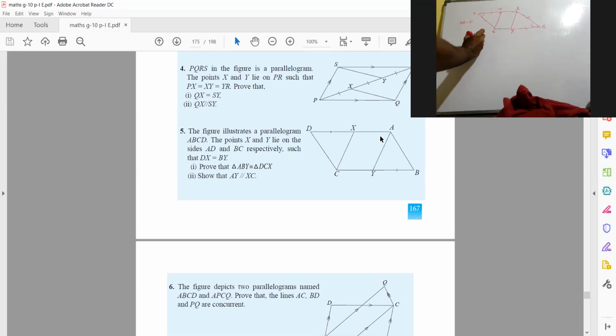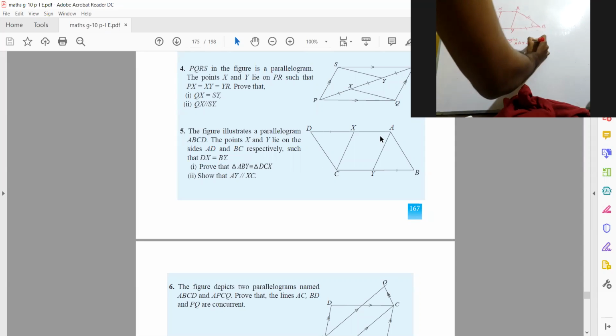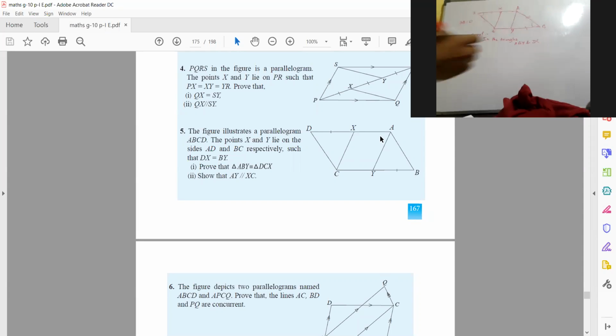I prove, in the triangles ABY and DCX, first, DY is equal to DX.